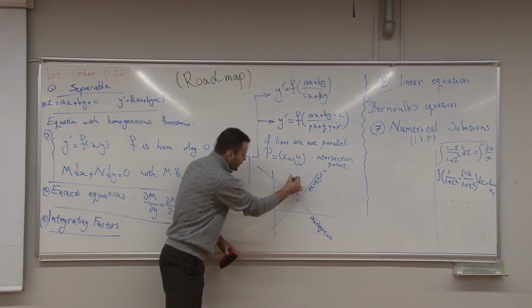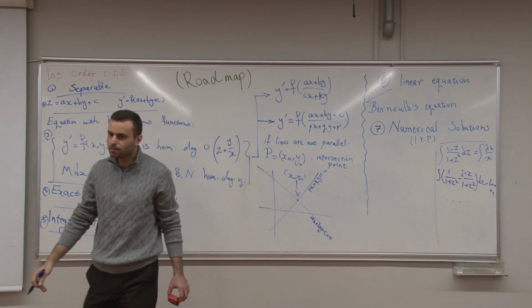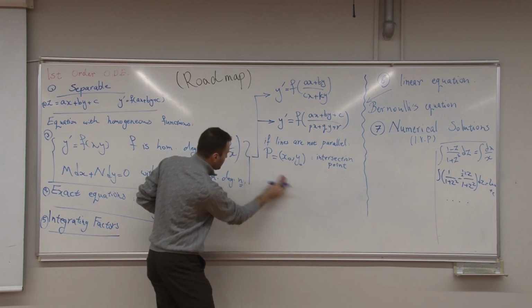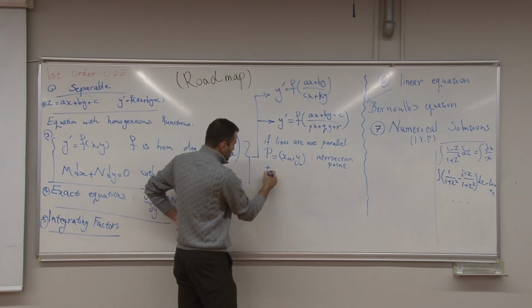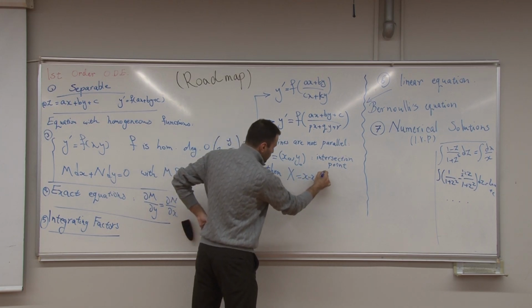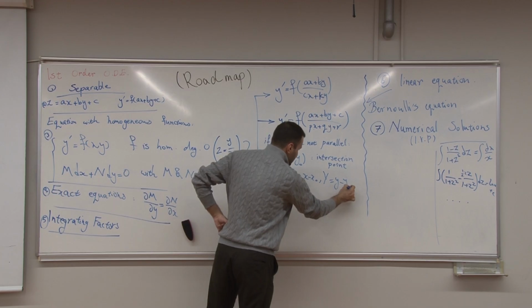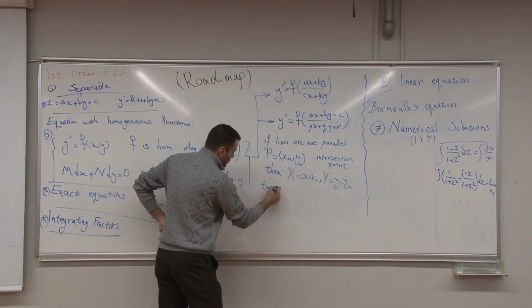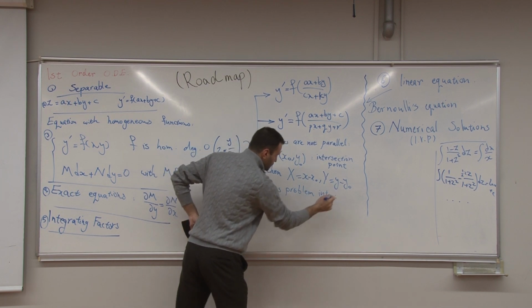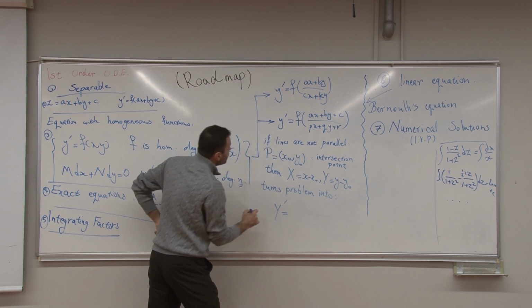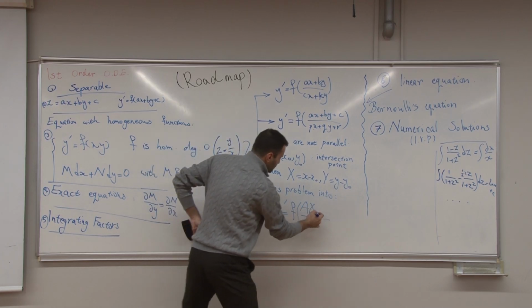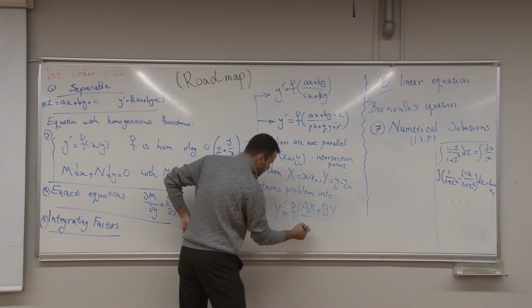This point I'm calling x0, y0. Okay? Then capital X equal to x minus x0, capital Y equal to y minus y0. This turns the problem into f of some constant times capital X, some other constant.